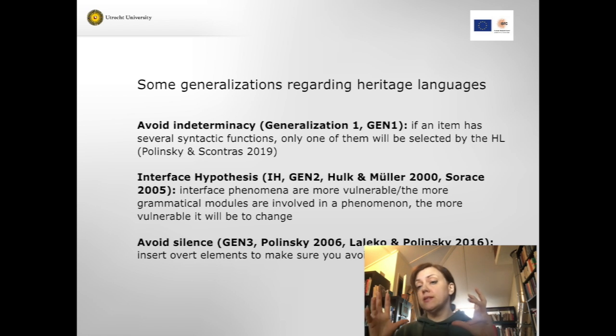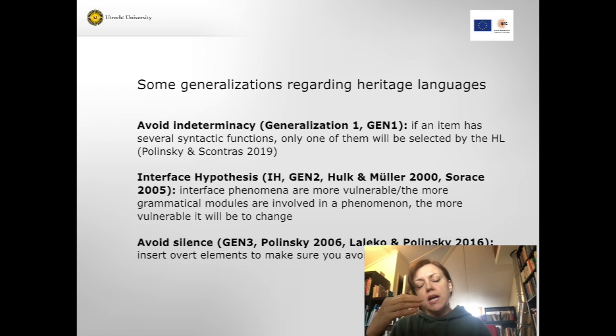The interface hypothesis is one big generalization that has come up through many studies and from several directions, and it has to do with the fact that if a phenomenon involves an interface or more interfaces, this phenomenon is more prone to change. Now, interfaces here is intended in two different ways. The Fodorian way, which is the general interface between cognitive systems, and also interface between grammatical modules.